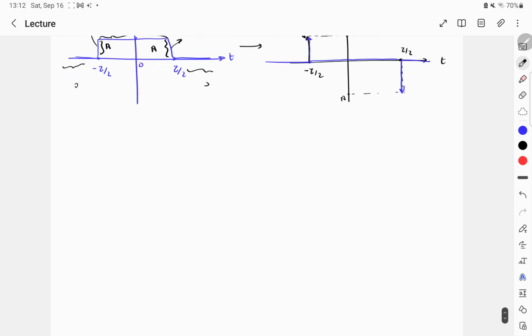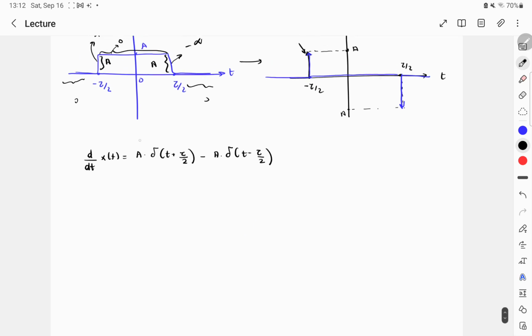In order to obtain the Fourier transform, we will write d over dt x(t) is equal to a times delta(t plus tau over 2) minus a times delta(t minus tau over 2).